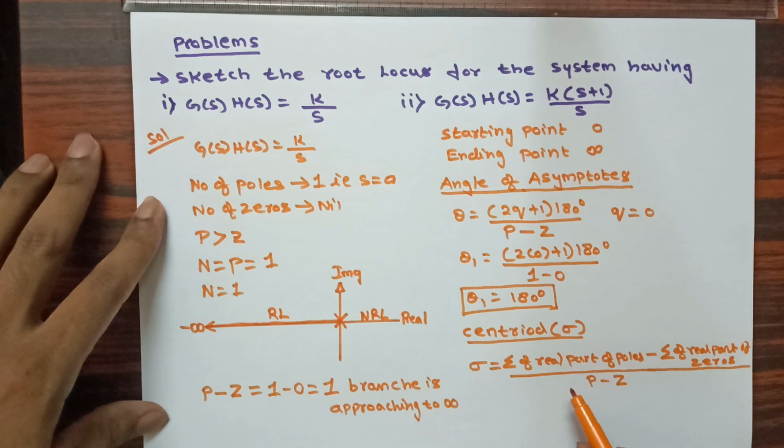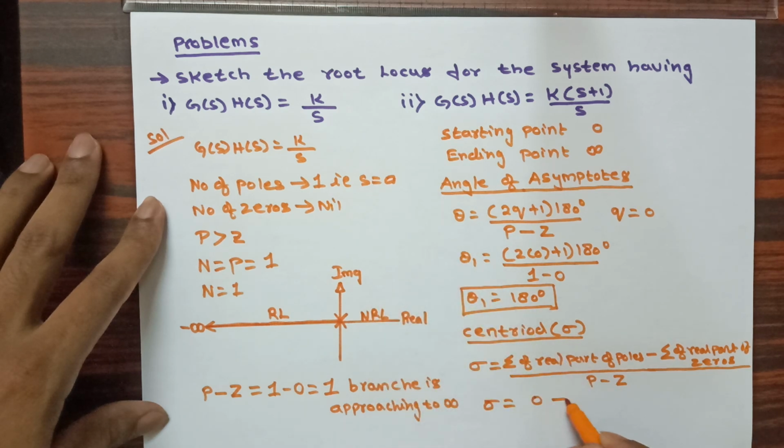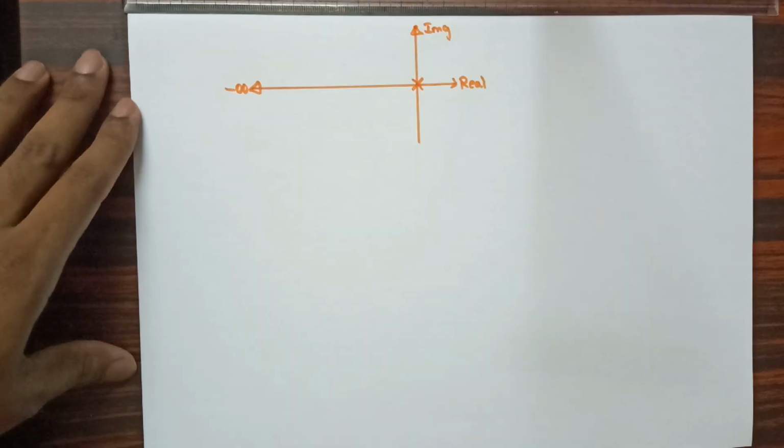So sigma is 0 minus, and the real part of 0 is 0, whole divided by number of poles 1 minus number of zeros 0. Anything 0 divided is 0. Now the centroid I got is 0, that is at the origin, and there I am going to draw the 180 degree angle, and looking into that angle, this pole needs to approach infinity.